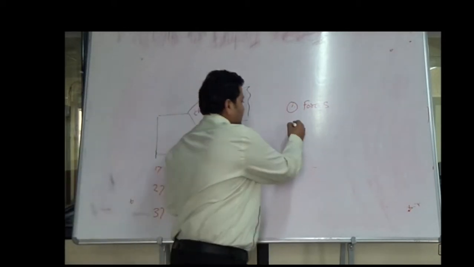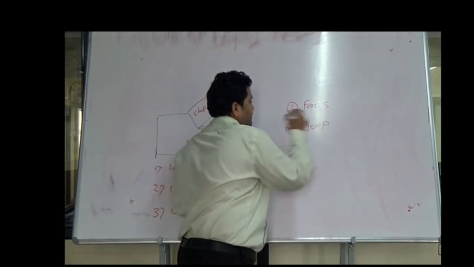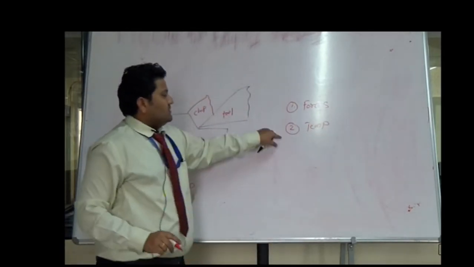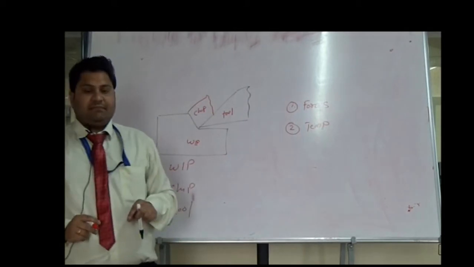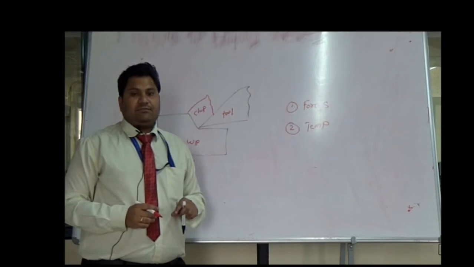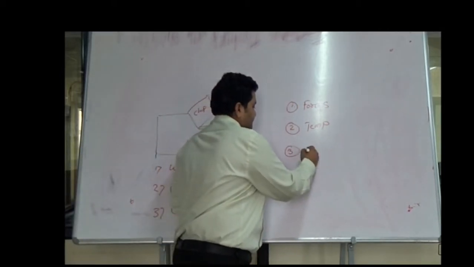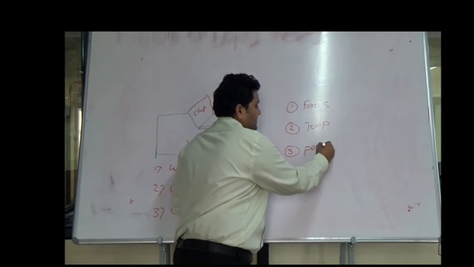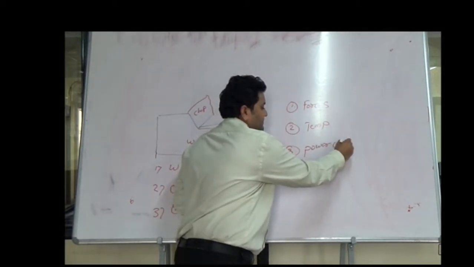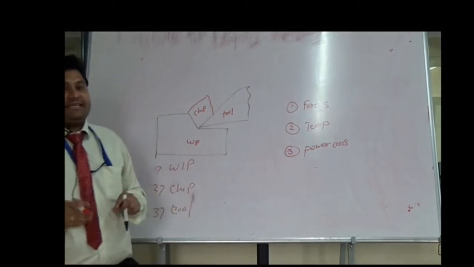The second requirement is that you have to calculate the temperature induced during the machining. The third requirement is the power consumption of the machining. What power is required, and what power is consumed during the machining.